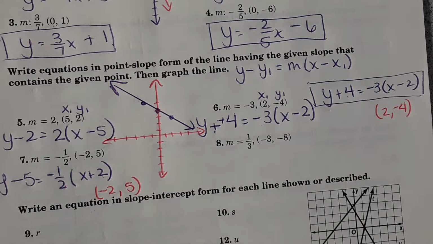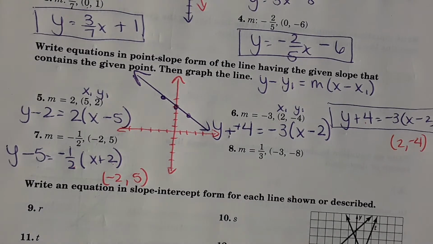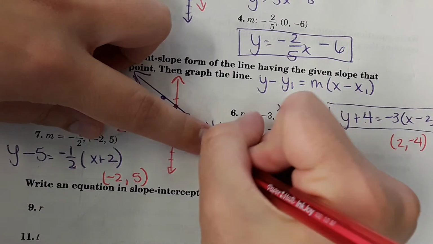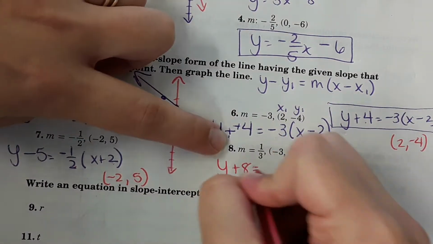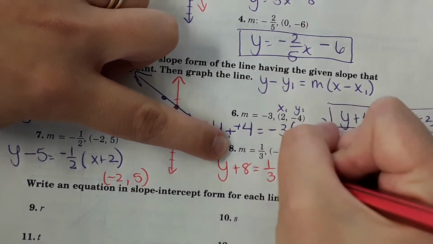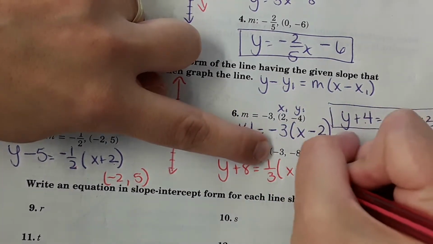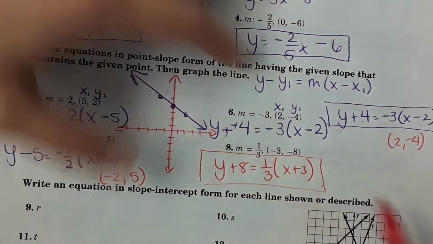Okay. And number 8. This one, we're just going to put it into the equation. So y minus -8 would just be +8. Our slope is 1/3. And then x minus -3 is just x plus 3. And that is it in point slope form.